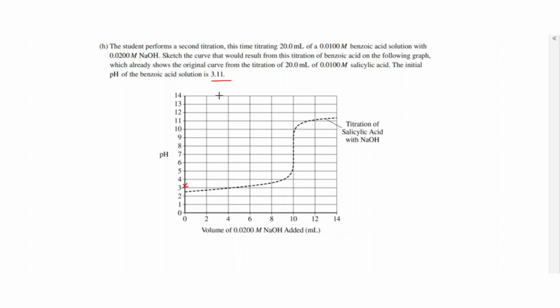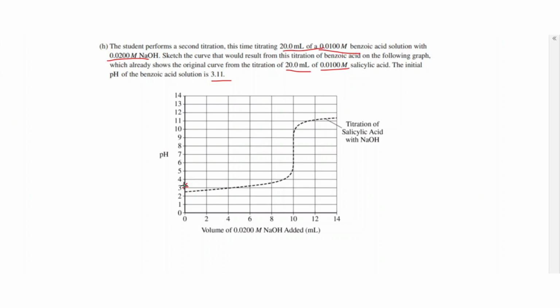And so now we know that because we have the same molarity and the same milliliters as our salicylic acid, we are going to be reaching equivalence at the same amount of milliliters because it's also going to be the same concentration of NaOH.